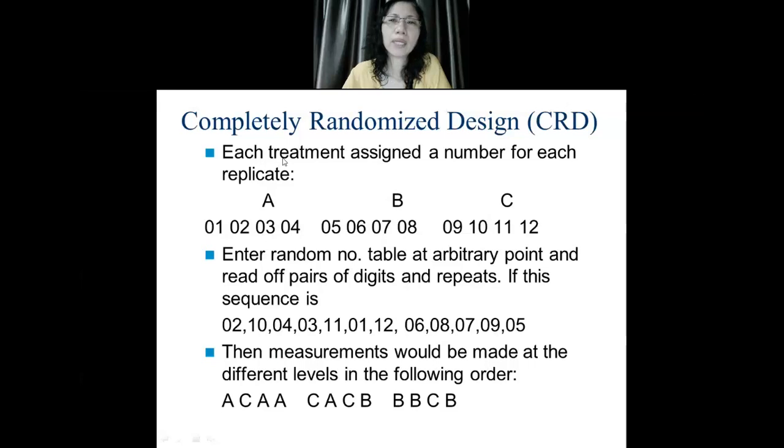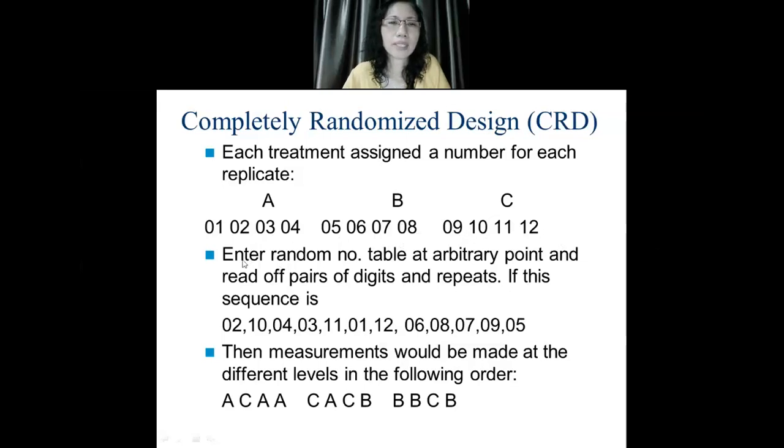Now, for completely randomized design, for each of the treatments, assign a number for each replicate. Let's say, for example, A, B, C, and we assign numbers to it: 1, 2, 3, 4, 5, 6, 7, 8, 9, 10, 11, 12.